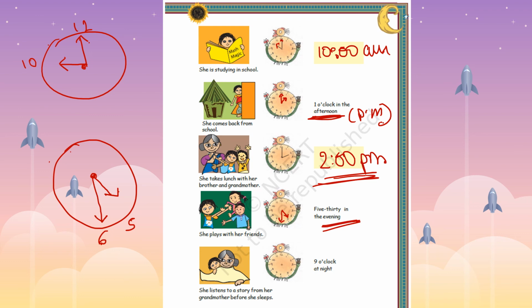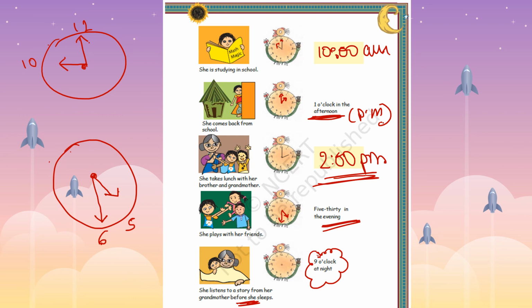At 9 o'clock at night, she sleeps. When do you guys sleep? 9 is our dinner time, right? But Kusum is sleeping at 9. Wow, right? At 9, she listens to a story from her grandmother before she sleeps. She is on her bed, okay?